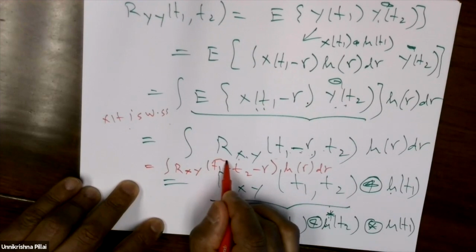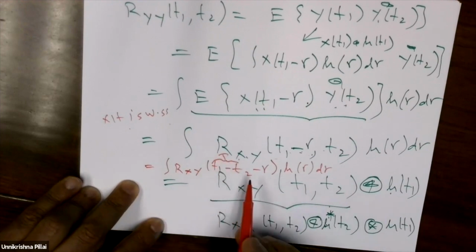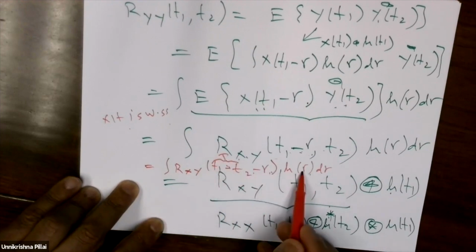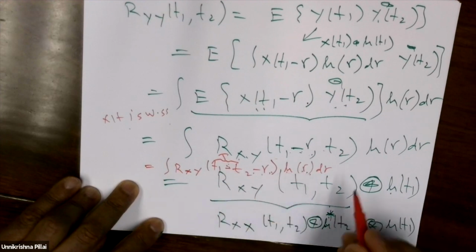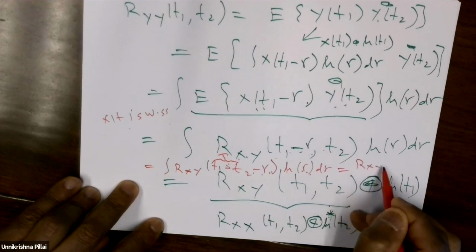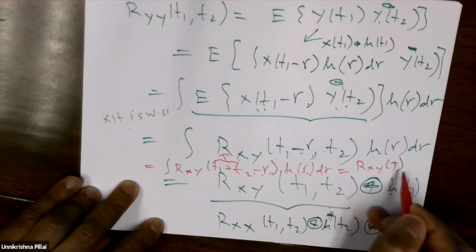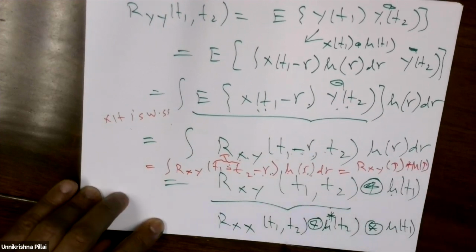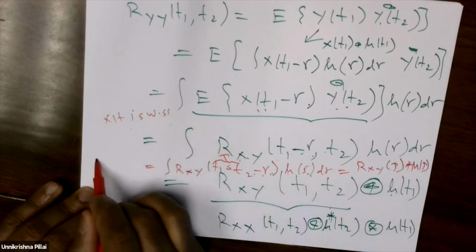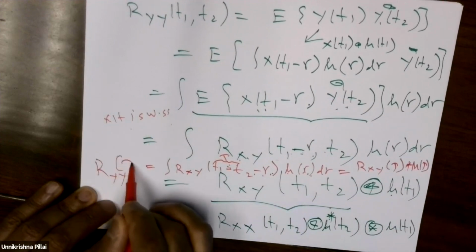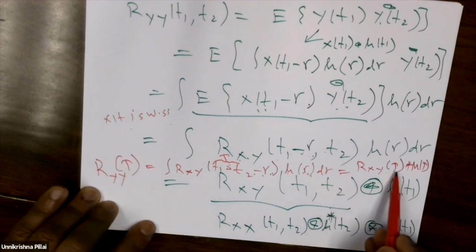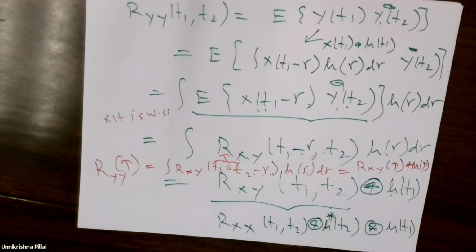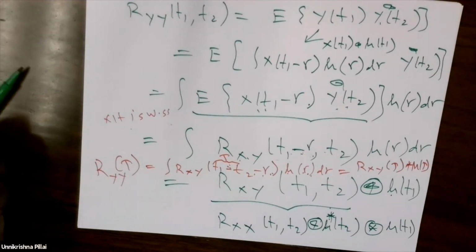But t1 minus t2, let me call it tau. Then this is just tau minus gamma multiplied by h(gamma). So that's the convolution of Rxy(tau) and h of tau. So that's Ryy. That means Ryy also is Wide Sense Stationary, because on the right side I only see tau.